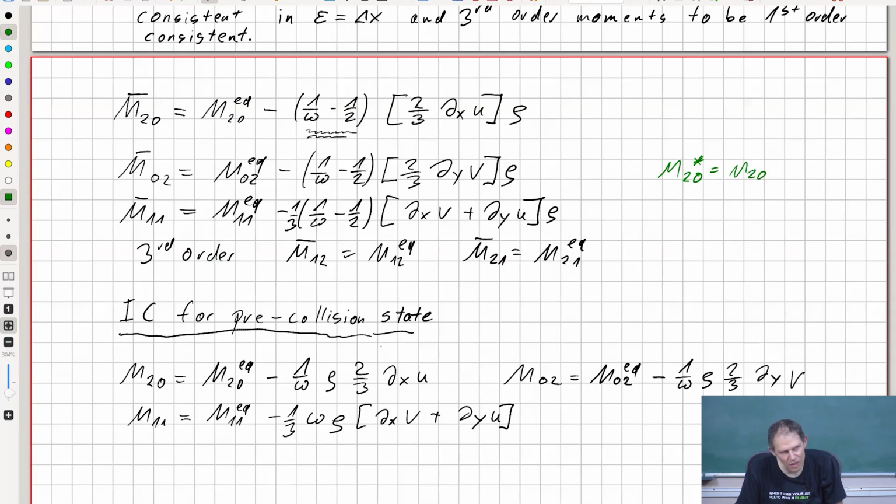Why? Because the collision operator has to be 0 after collision. Well, why would the collision operator be 0?